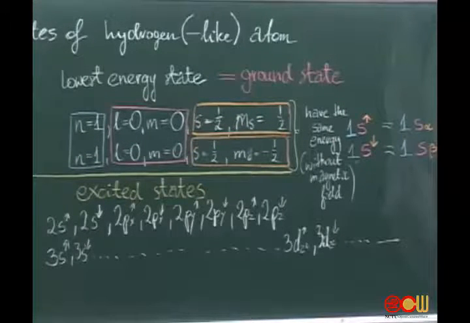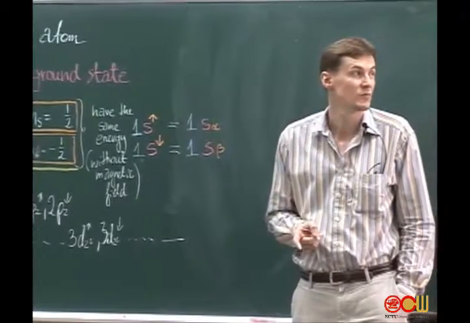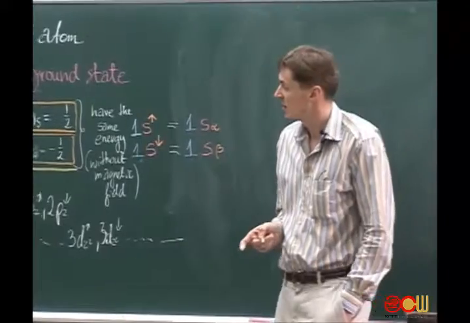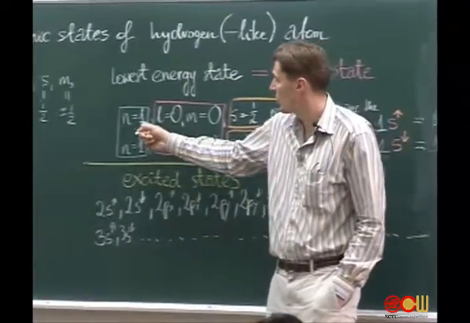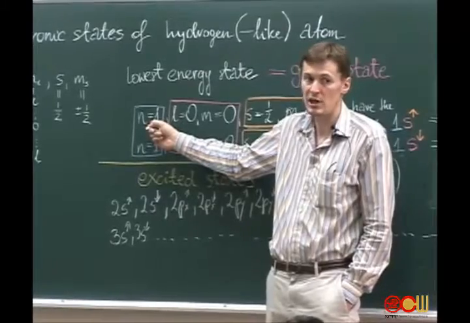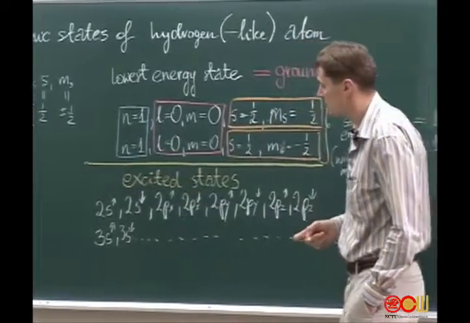Infinitely many. How many people are observing? That's a different story. I think that for hydrogen atom, how many can be observed? n can go to something like 20 and up. There's really a huge number of states that can be observed.